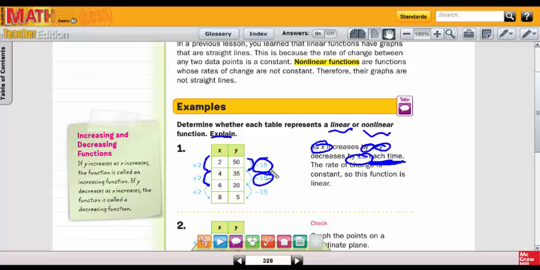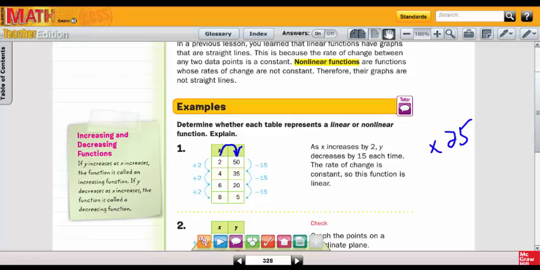I would like to point out something else here that they don't necessarily show, and that's we can think of this as what would I have to do with 2 in order to get 50? With an input of 2, how would I get an output of 50? And you could say, okay, I'm going to multiply by 25.